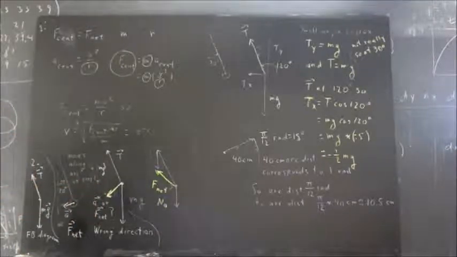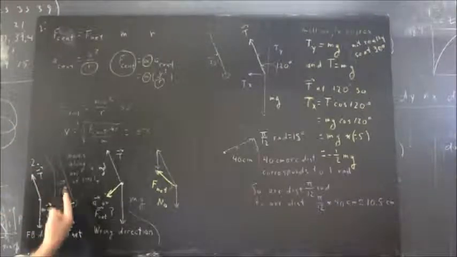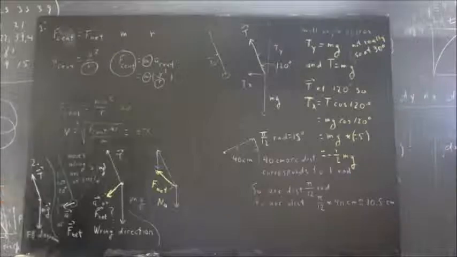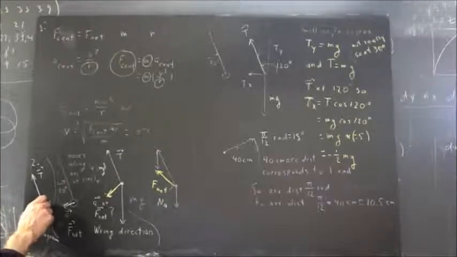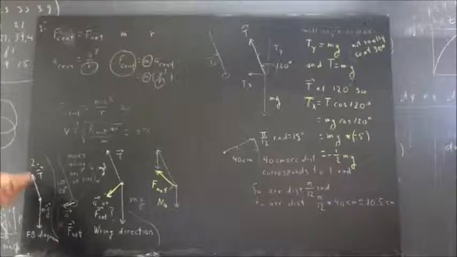Now, we want to sketch a free body diagram. That's really pretty easy. The only forces acting are gravity acting downward and the tension acting in this direction. So right here is a free body diagram. We'll let the point represent the mass. We have the weight mg acting downward. We have the tension acting this way.